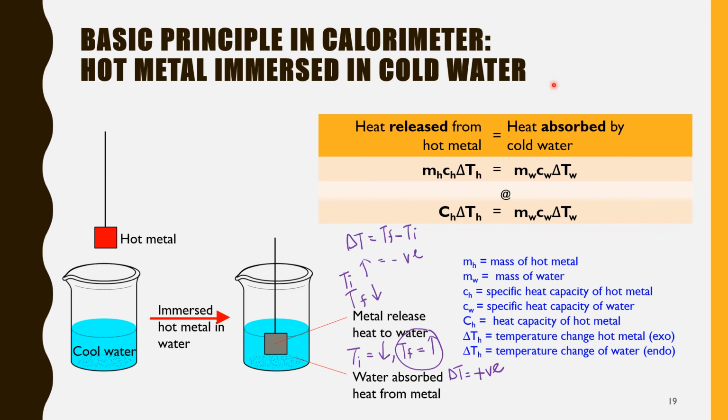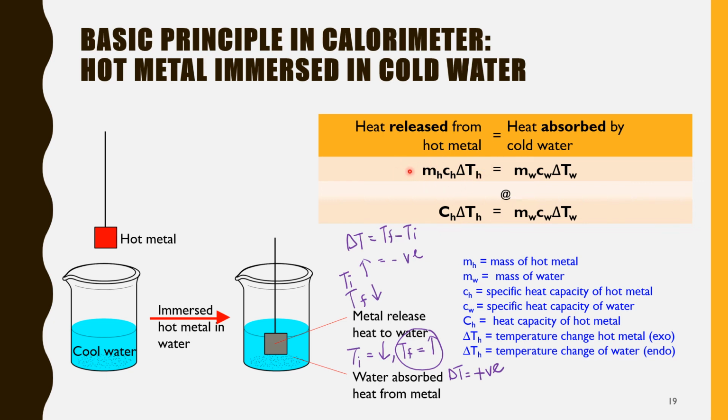Okay, so the formula will be mH times CH times delta TH. So mH adalah mass untuk hot metal. This is specific heat capacity of hot metal. And this delta TH adalah merujuk kepada delta T of hot metal di sini. Okay, so since the delta T is negative, so automatically the value here will be negative.